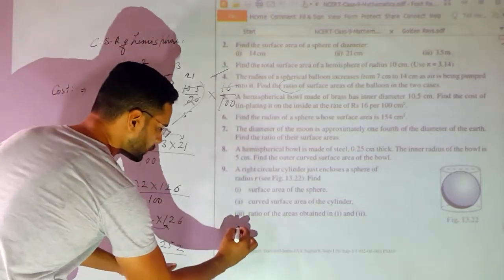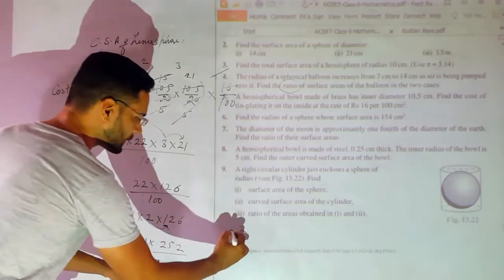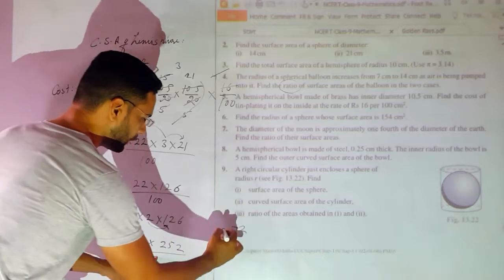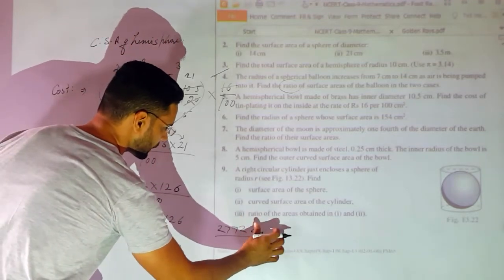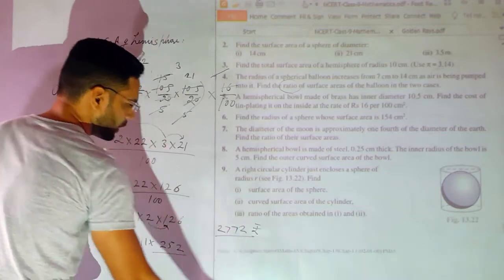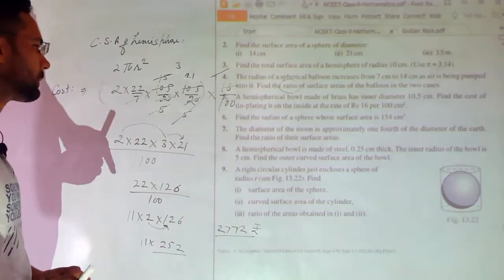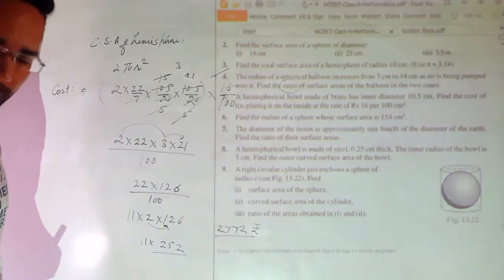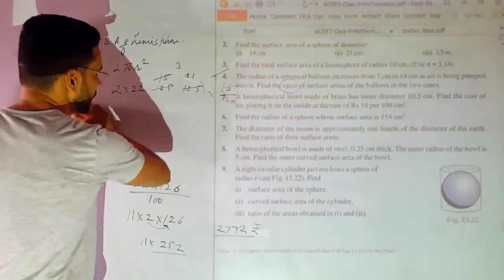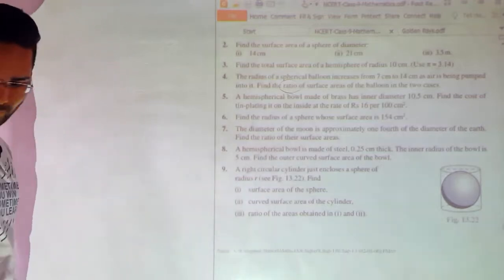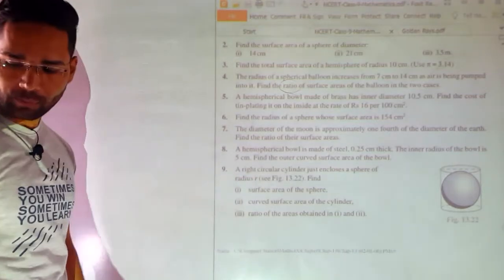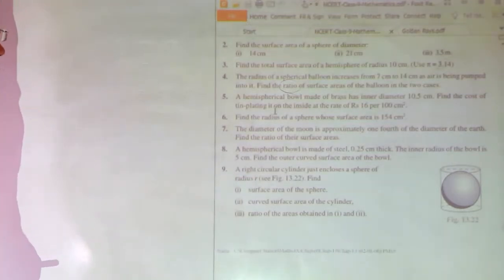Now the first is 2, 5 to 7, 5 to 7 and 2: 2772 is your answer. This is in rupees. Okay, solve this. The next question is question number 6.